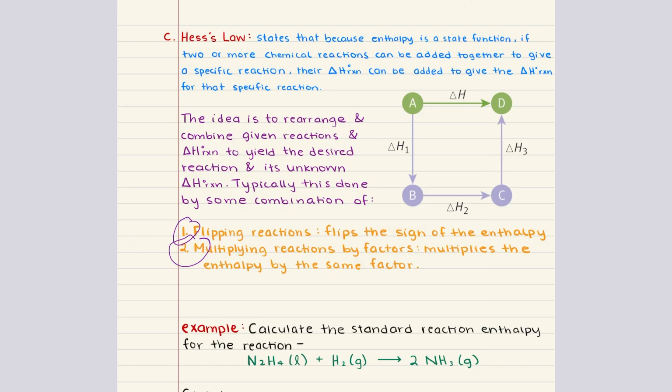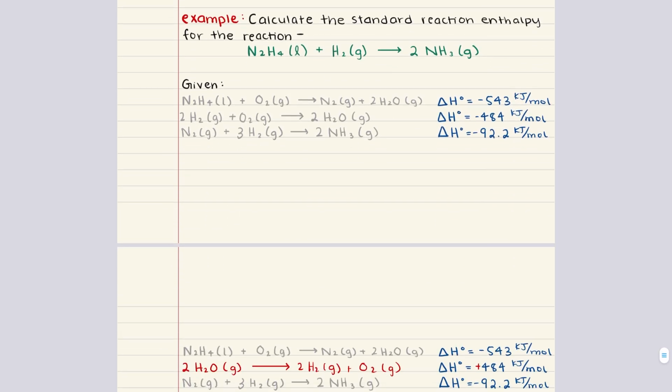We cancel out any species that appear on both sides until we match the desired reaction. And from there, we can add up the enthalpy changes for each of the given reactions to get the final enthalpy of that target reaction. Again, this is best understood by doing an example problem.